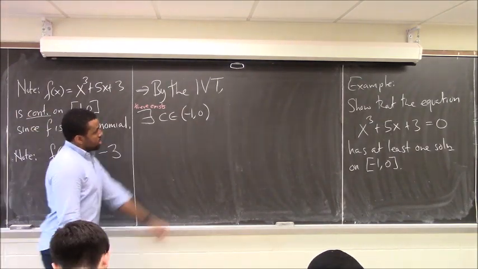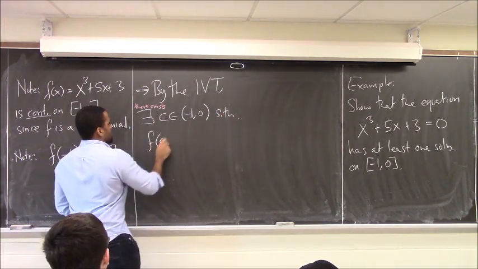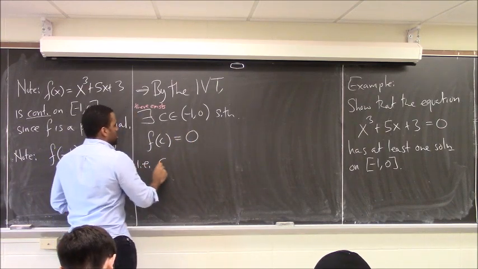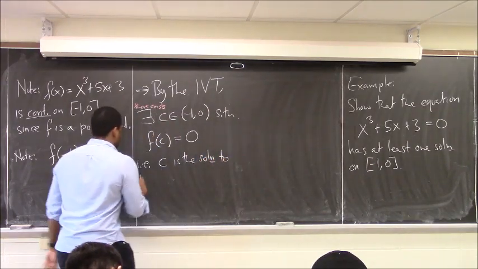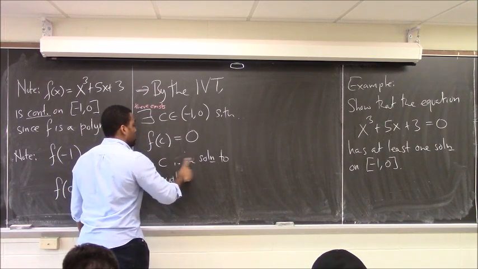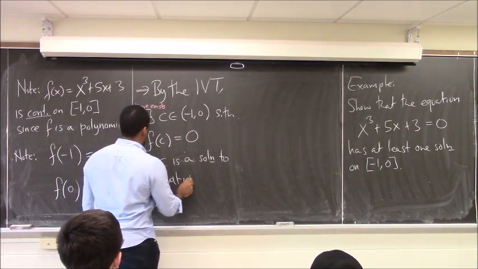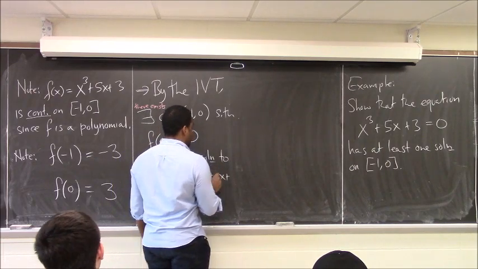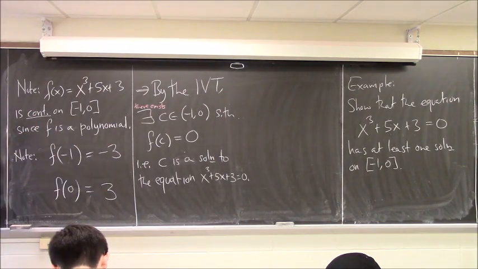There exists some number c in the open interval such that f of c equals 0, i.e. c is a solution to the equation. In general, there might be more than one, but we know there's at least one by the intermediate value theorem, to the equation x^5 + 3x^3 + 5x + 3 = 0. And that would be your conclusion.